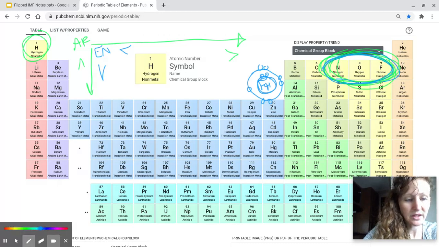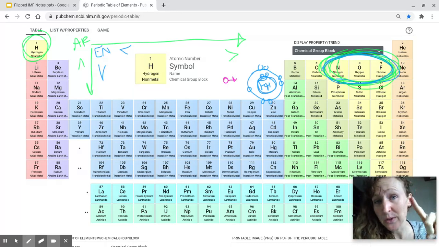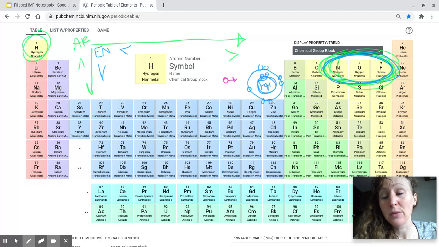If another electron approaches fluorine, it can get really close and is going to be really strongly attracted to that atom. It's strongly attracted because of the protons, since fluorine has the most protons, but also because that element is small.